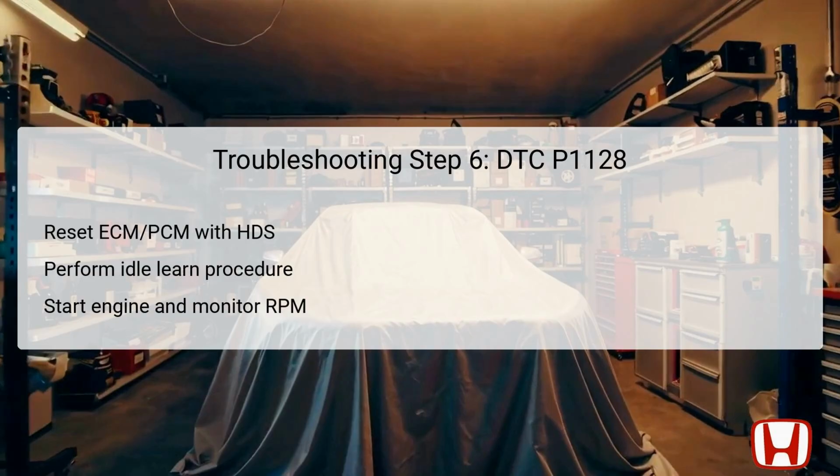Once you've replaced the MAP sensor, the next crucial step is resetting the ECM or PCM using the HDS. This reset allows the system to adapt to the new sensor and clear any stored fault data that may have triggered the original DTC P1128. Subsequently, performing the idle learn procedure is essential as it teaches the ECM how the engine reacts when idling with the new sensor.